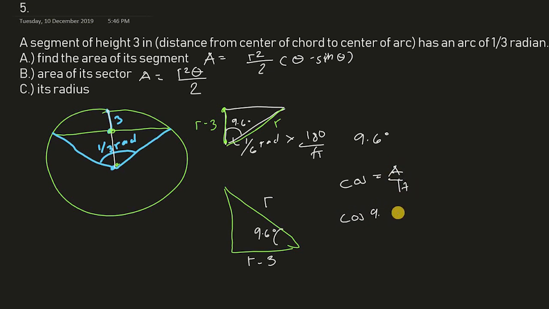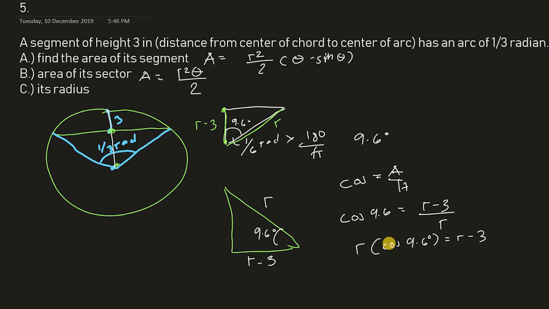So, cosine of 9.6 is equal to the adjacent, which is r minus 3, over the hypotenuse, which is r. I'll multiply r to the top, so r times the cosine of 9.6 degrees is equal to r minus 3. Alright?